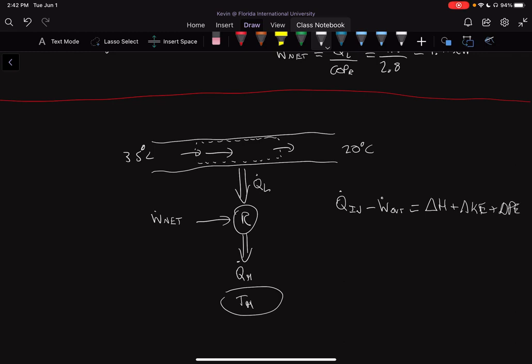We could have kinetic and potential energy, but assuming we don't, we would be left with Q dot in equal to m dot times (h exit minus h inlet), so E and I. And in this case, we would write m dot times Cp times (TE minus TI).